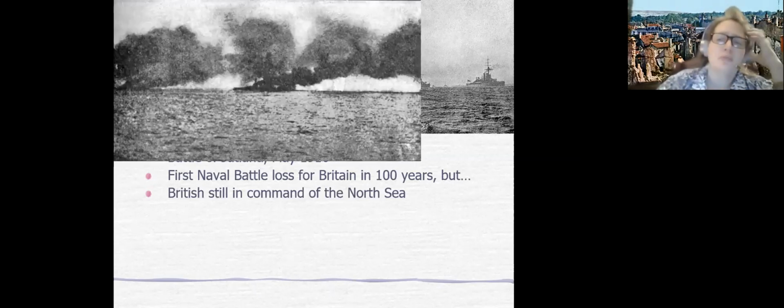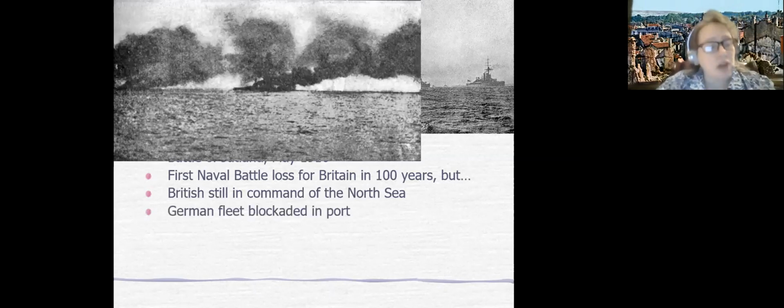It's a nasty battle for the British. They lose a number of ships. They follow this up, though, by blockading the Germans in port. And the Germans don't have enough strength to break the British battle line of their battleships. So they resort to something brand new, the submarine.